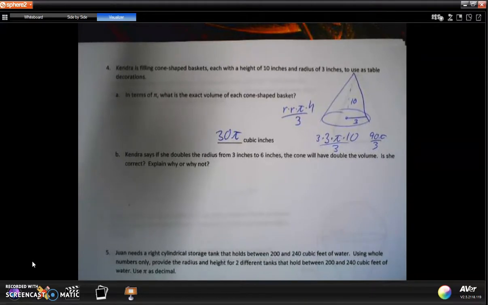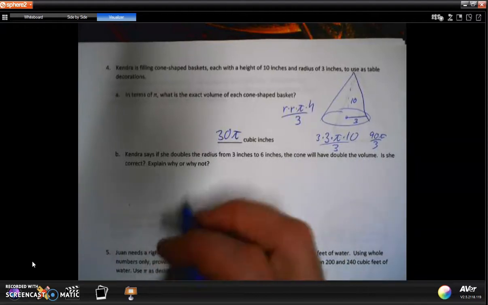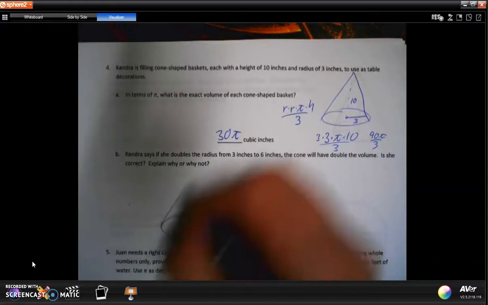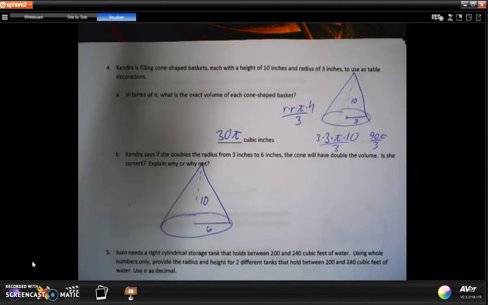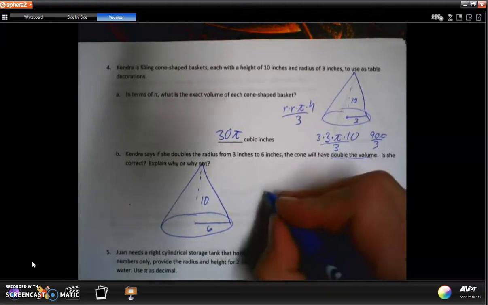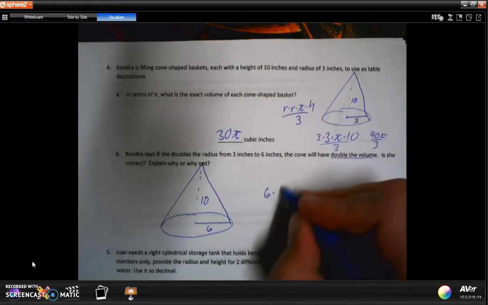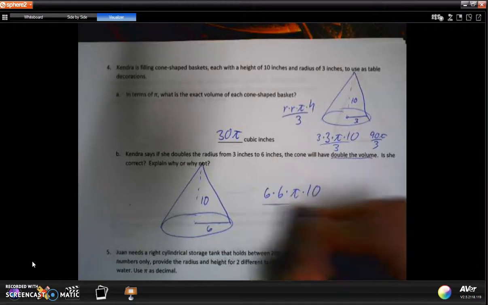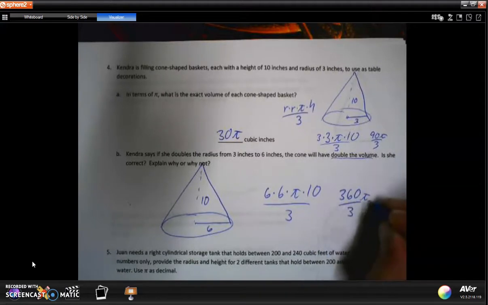Kendra says if she doubles the radius from 3 to 6, the cone will have double the volume. Is she correct? So the height stays the same, this height is still 10, but instead of 3, the radius is now 6. And we want to know if it doubles the volume. Let's find out. Radius times radius times pi times height divided by 3. 6 times 6 times pi times 10 divided by 3. 6 times 6 is 36. 36 times 10 is 360 pi divided by 3, which is equal to 120 pi.